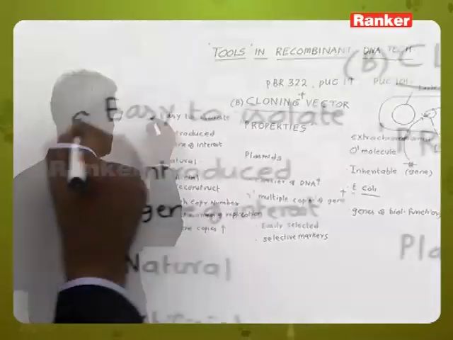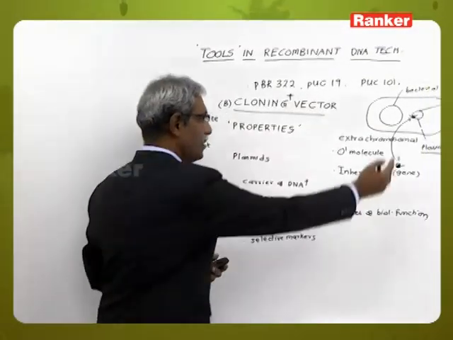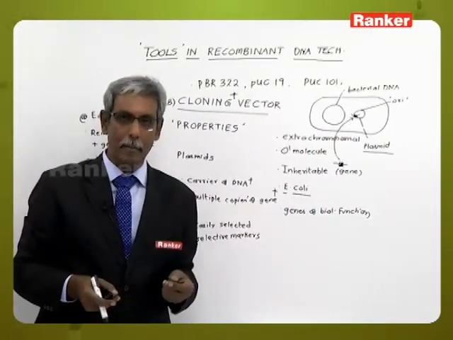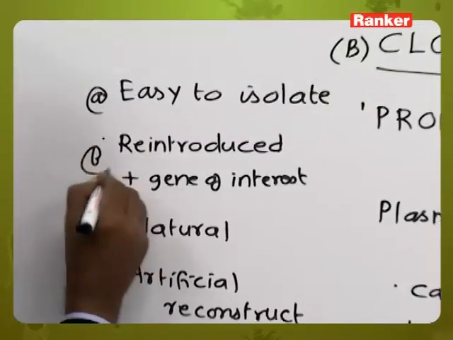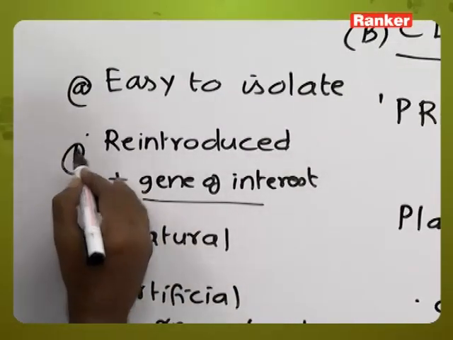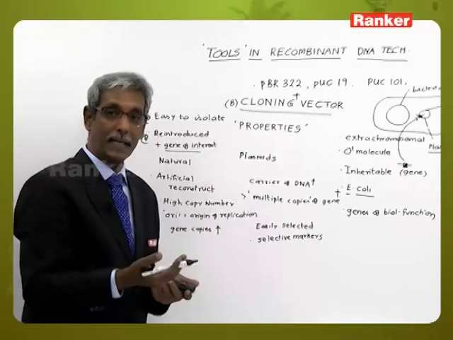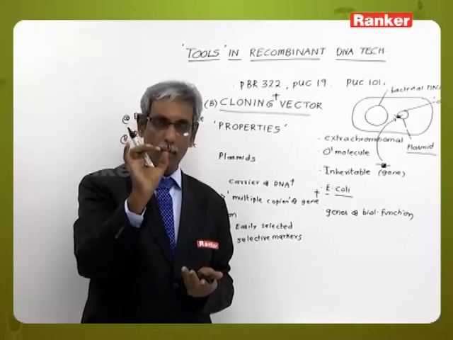First thing is, it should be very easy to isolate. If you want to remove a plasmid from a bacteria, it should be easy to isolate. Next, it should carry the gene of interest, and it can also be reintroduced into the bacteria. So you isolate a smaller circle, the extrachromosomal element.